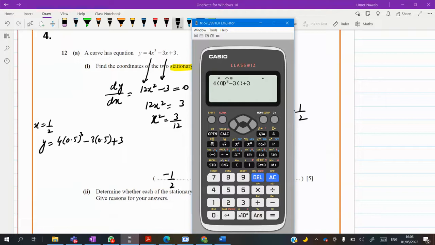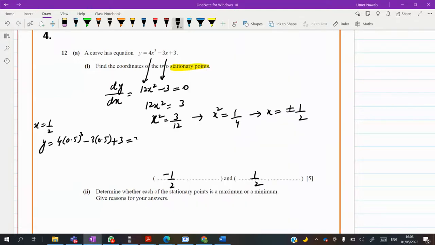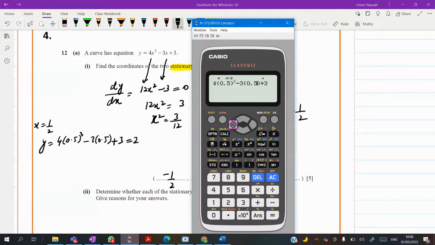I'm going to write 0.5 and get the answer. It is 2. Now replacing the 0.5 with minus 0.5, it's giving you 4.